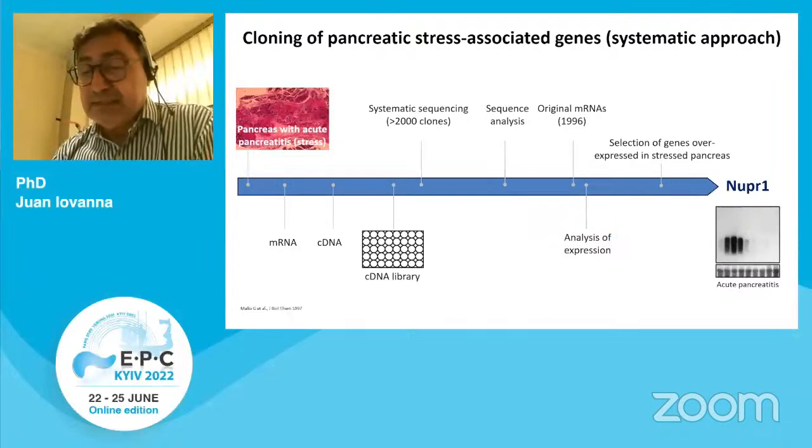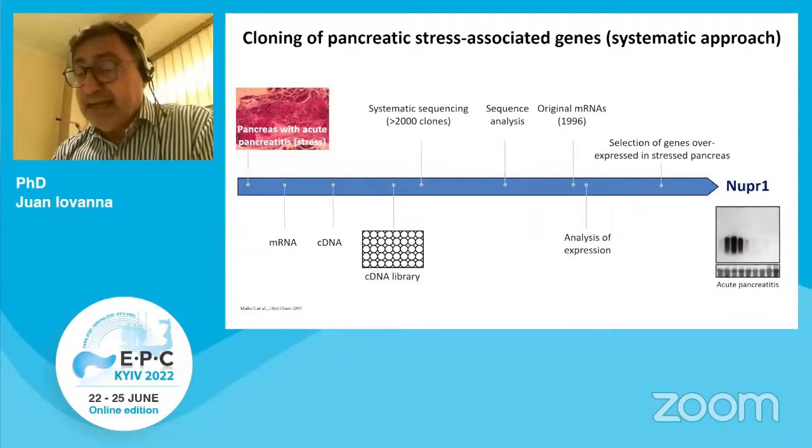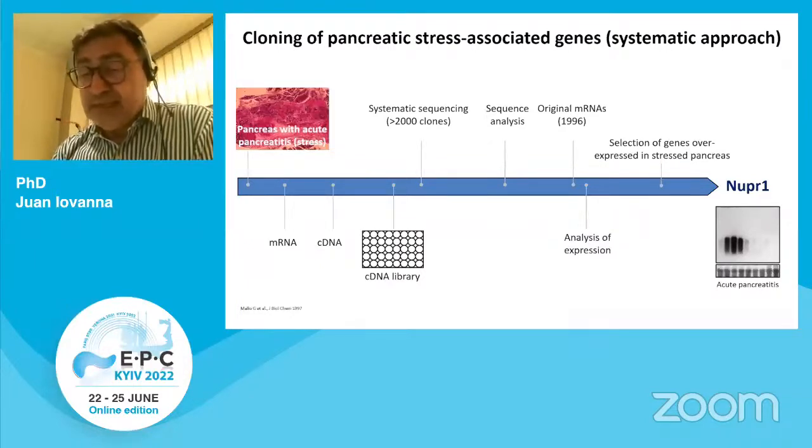25 years ago, we started a systematic approach with the aim to identify the genes activated in the pancreas in response to stress. To do this, we induced an experimental acute pancreatitis in mice and extracted the pancreatic RNAs, which were transformed into cDNA and cloned into plasmids. We sequenced more than 2,000 clones, analyzed their sequences, and focused our interest on the novel and original genes.